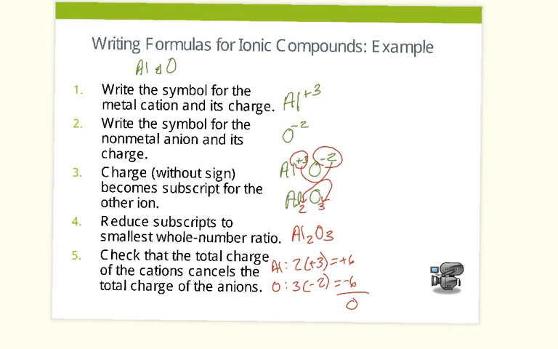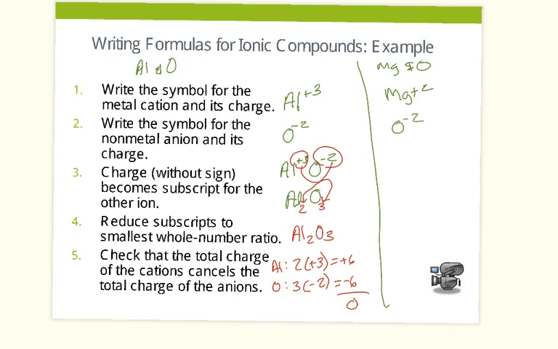Now let's do one more example, this time with magnesium and oxygen. And let's do it right alongside our rules. So write the symbol for the metal cation and its charge. So that's going to be magnesium plus 2 because magnesium is in our group 2A.